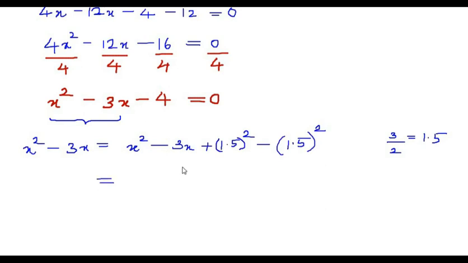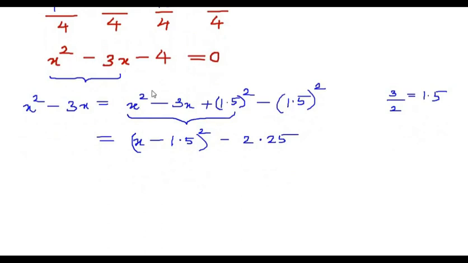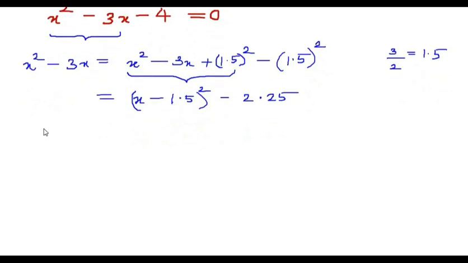Now using the identity, again we take the first three terms and write them as x minus 1.5 the whole squared, and minus 1.5 squared gives you minus 2.25. Now let us combine all the terms together. The negative 4 which we had left, we write it as x squared minus 3x minus 4.